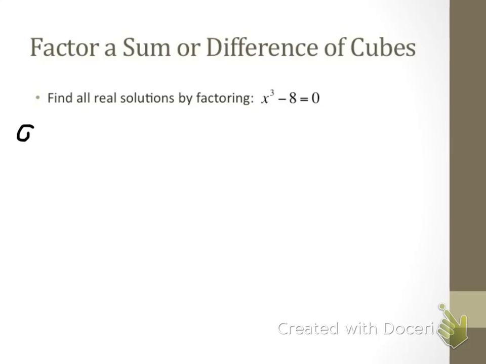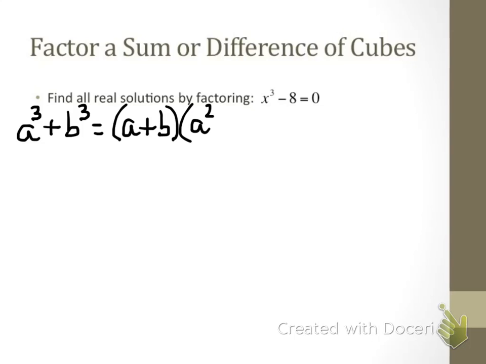If I'm taking a cubed term plus another cubed term, that can be factored by taking the a plus the b in the first factor, and then in the second factor we would have a squared minus a times b plus b squared.